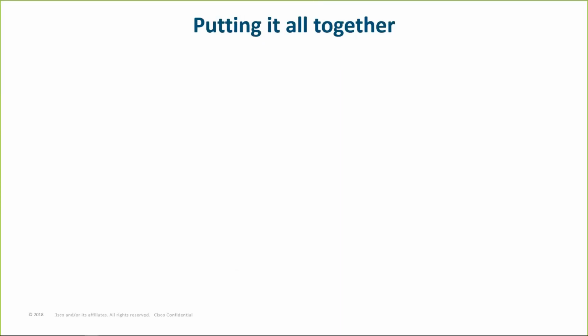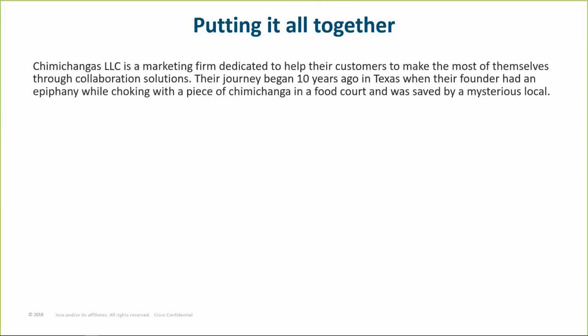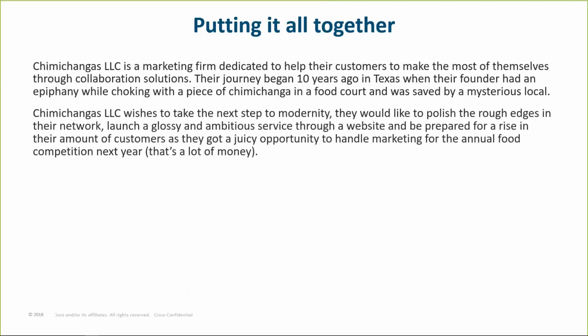So in this section, we are going to have specific scenarios that were created just for this. These are scenarios that I have written before, just to demonstrate in which way we can understand how to analyze the information given to us, right? So we have a company, a marketing firm. We have a brief introduction about them, right?